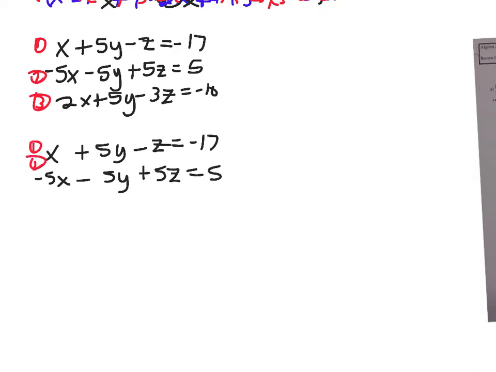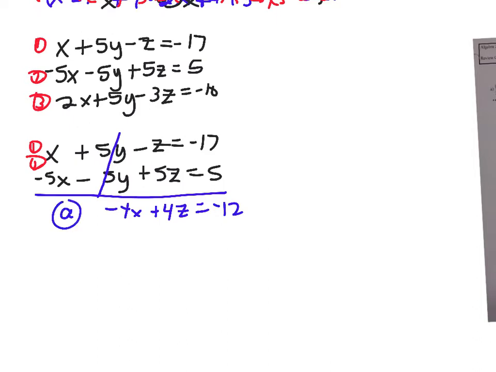I noticed right away that I can add and get rid of the y's because the y's are additive inverses, so they cancel out. So 1x minus 5x is negative 4x. 1z plus 5z is positive 4z. Equals negative 17 plus 5 is negative 12. All right, so that's A.